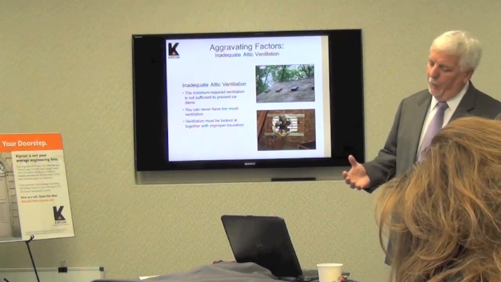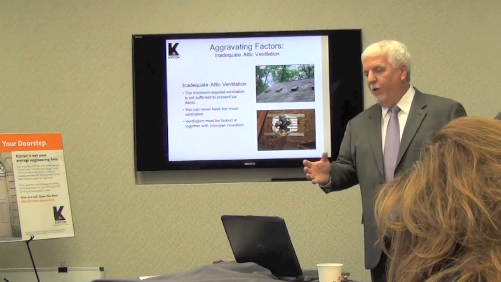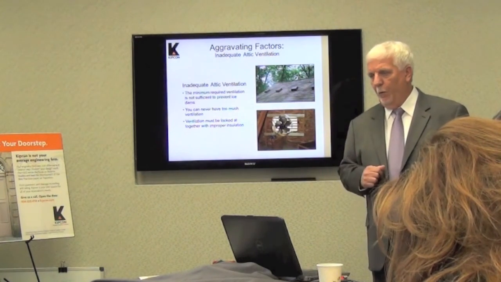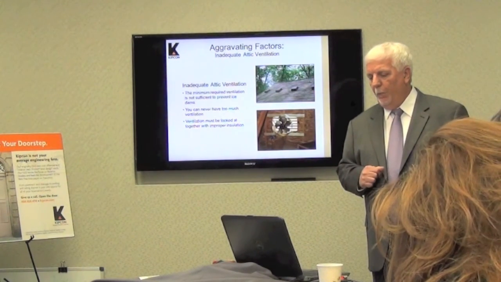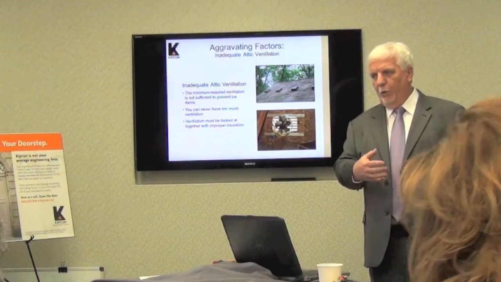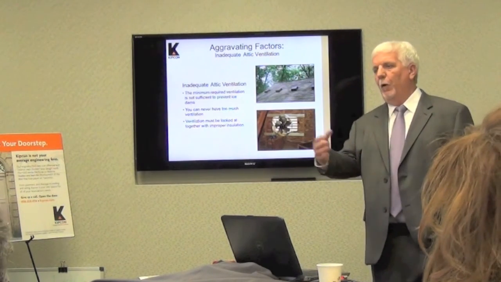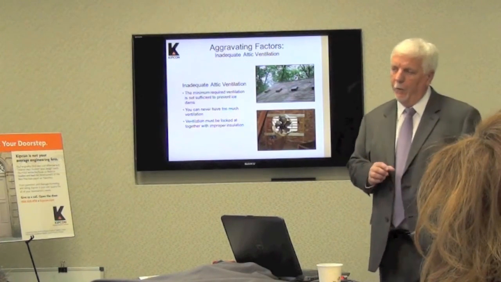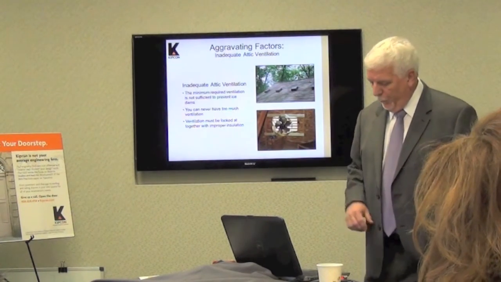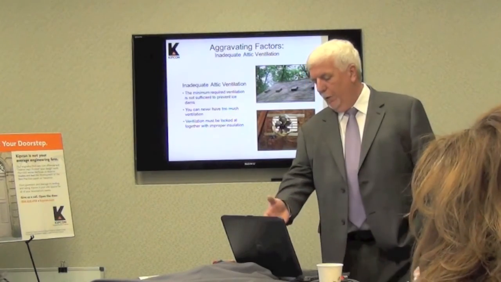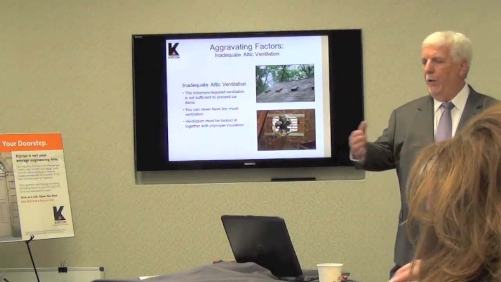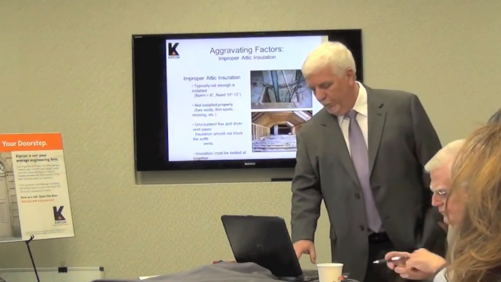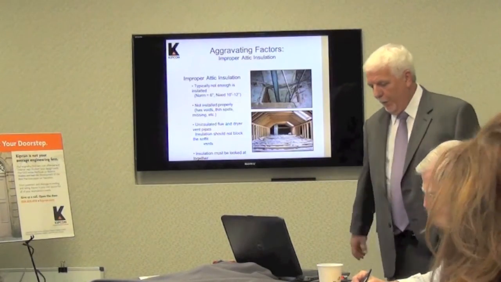That's not really easily achievable, though it is achievable. The idea is to minimize what you do have and then take some other steps to prevent the water from penetrating into the interior. And I'll talk about that. The other thing with ventilation is that it has to be looked at in conjunction with insulation, which I'll talk about here.